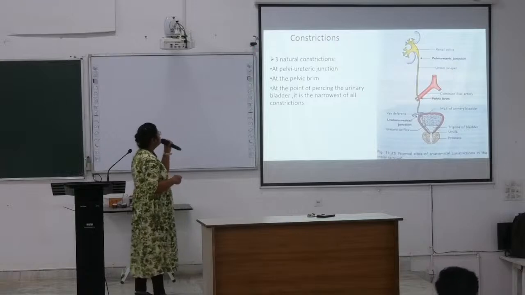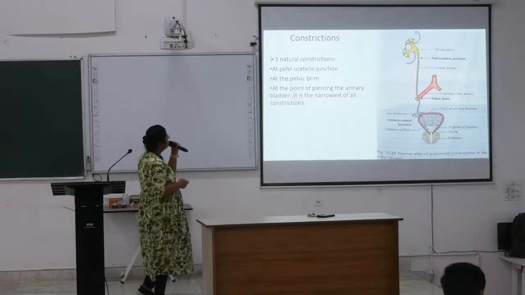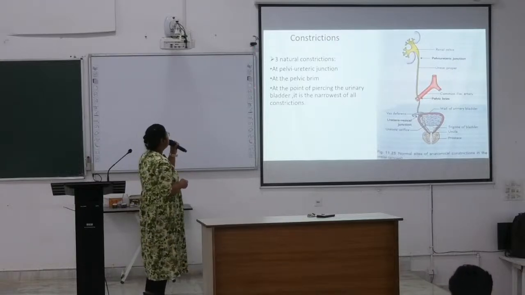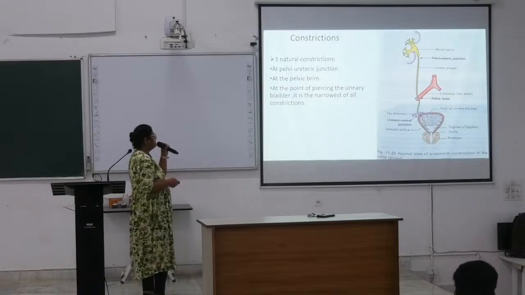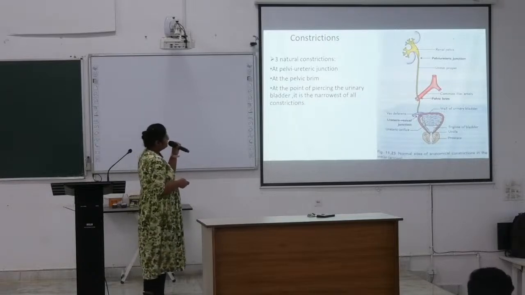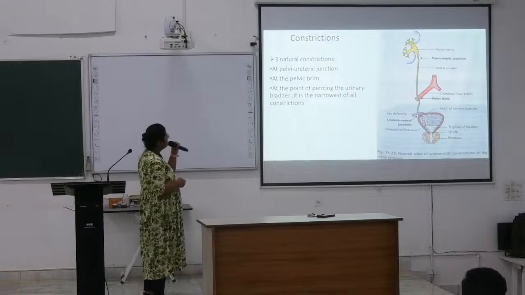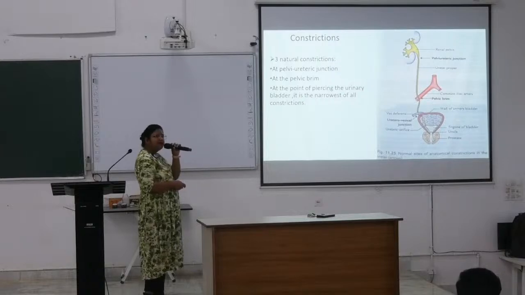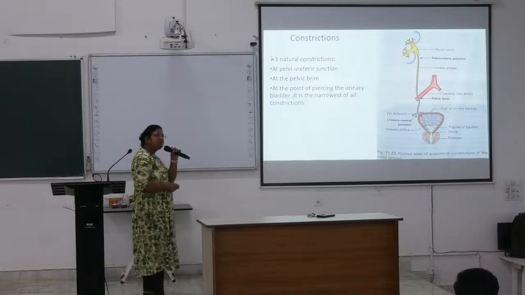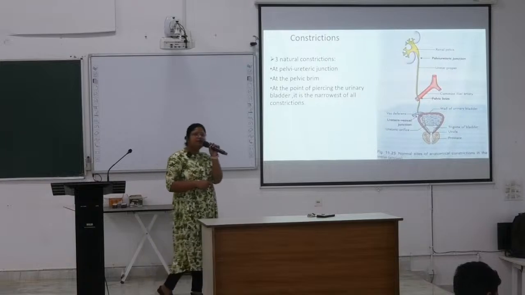So, 3 natural constrictions are present: at the pelvic-ureteric junction, at the pelvic brim where it crosses the common iliac vessels, and at the point of piercing the urinary bladder. It is the narrowest of all constrictions, this third one, where it is piercing the bladder wall. That is also an important MCQ: which constriction is the narrowest?